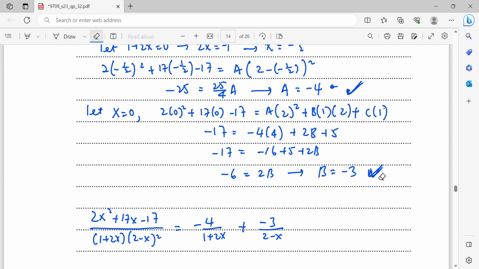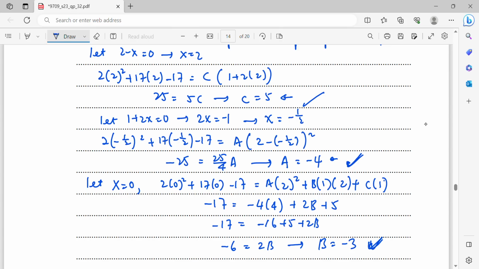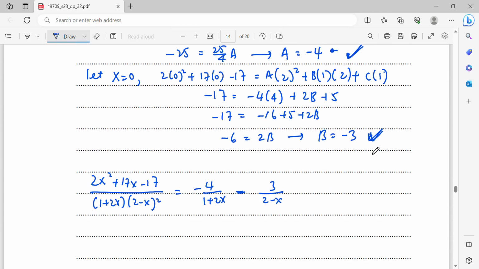So I will simplify. The plus and minus 3 becomes minus, so I will just write minus in the middle. Then for the c, it is positive 5, so I will get plus 5 over (2 minus x) squared. So these are my partial fractions.